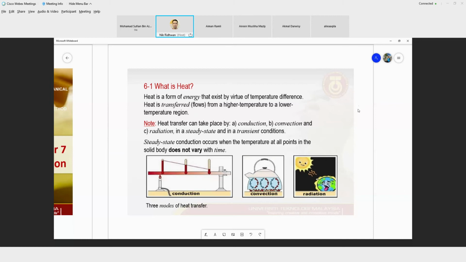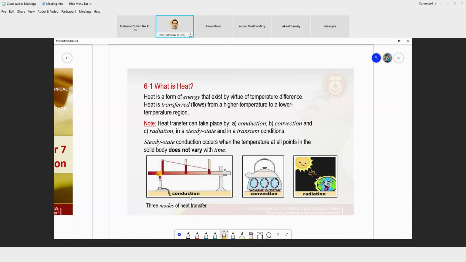And there are three types of heat transfer processes. The first one is by conduction. You can refer to the figures. Conduction, let's say we have a source of heat, and we apply it to one location here, and constantly we just apply it there.